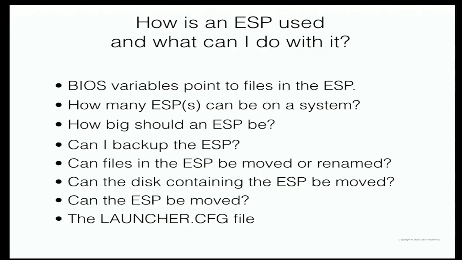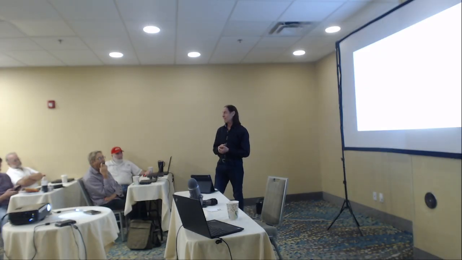So when we install Arca OS, I create a BIOS variable that points to either the launcher EFI or the AOS loader EFI, so that it points directly at that file, so the BIOS knows to go load that file and run it. And that's the thing you can set in your BIOS configuration. It'll make a tree of that stuff, and you can pick to have the launcher launch.